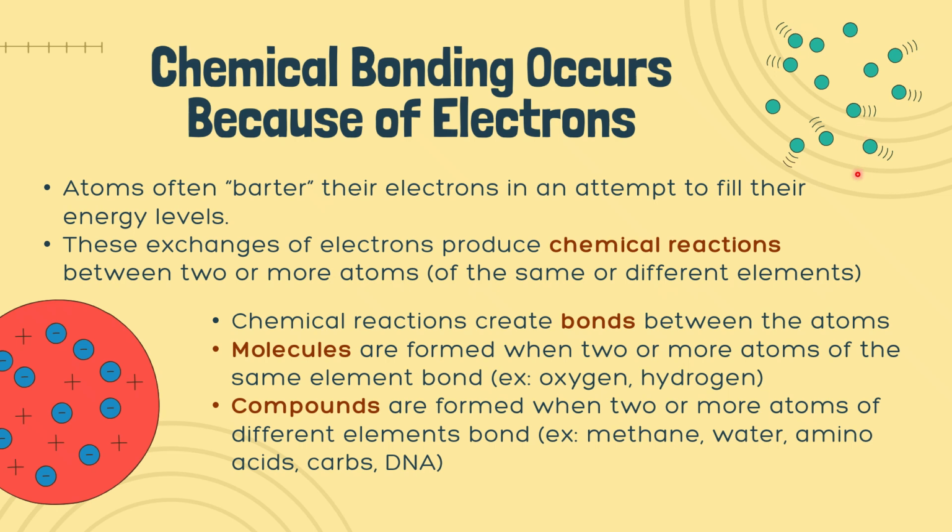So when those atoms share electrons with each other or transfer electrons, they create what's called a bond. Now those two atoms are no longer separate from each other. They're going to be bonded together, and they're going to create a new type of chemical out of this exchange. So if we have hydrogen and oxygen, those are both gases.